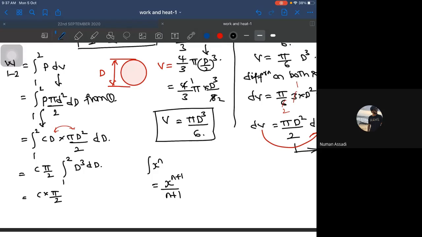Now here it is integration of d cube. What will be the integration? Here if it is n, it is n plus 1. Here if it is 2, it is 2 plus 1. Here if it is 3, then it is 3 plus 1. So what's your answer?